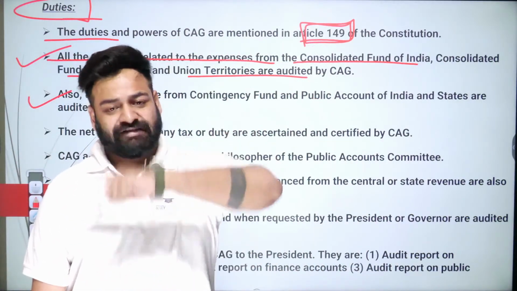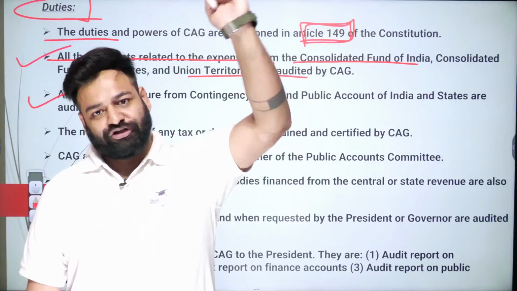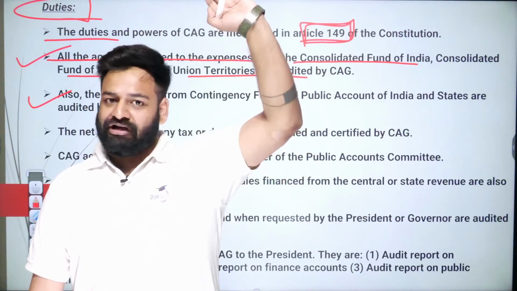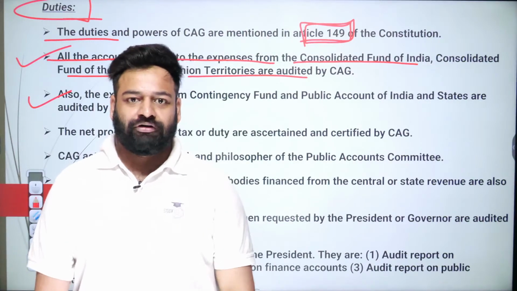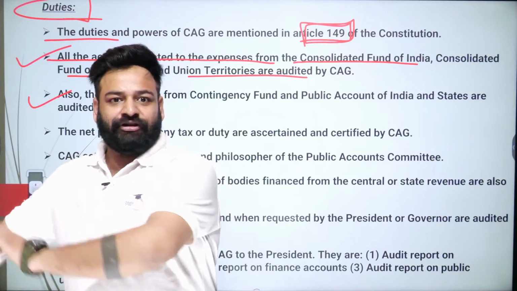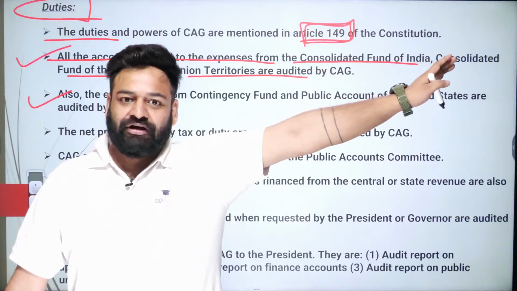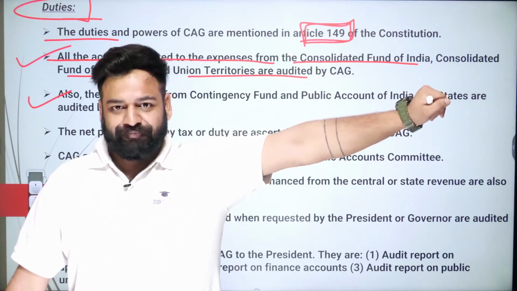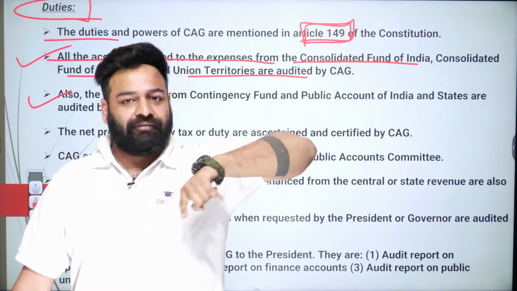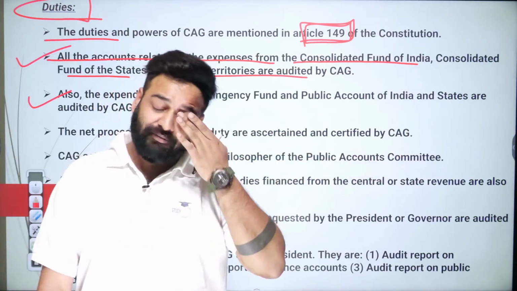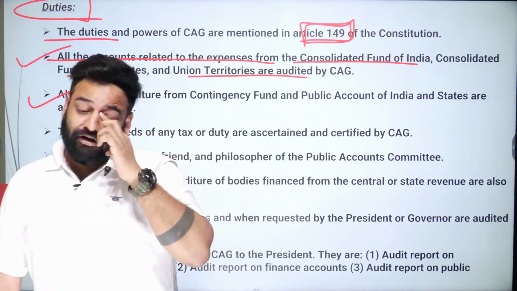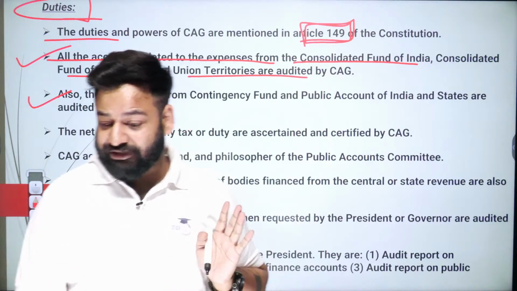India as a whole, from Kashmir to Kanyakumari, from Indira Col to Indira Point, from Kibithu to Motihari, sorry, in the Gujarat region. So it is just one, from Lakshadweep to Andaman. CAG takes care of all the funds.